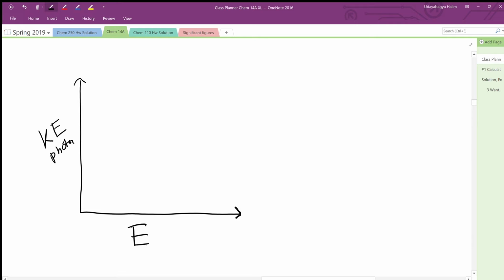The energy of a photon is E equals hc over lambda. Sorry, I mean the kinetic energy of the ejected electron. I'm switching my x and y axes here, but let's start with this one first.